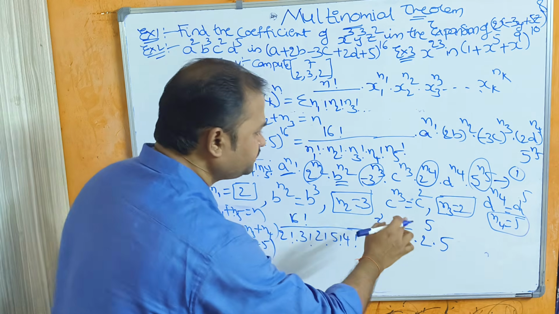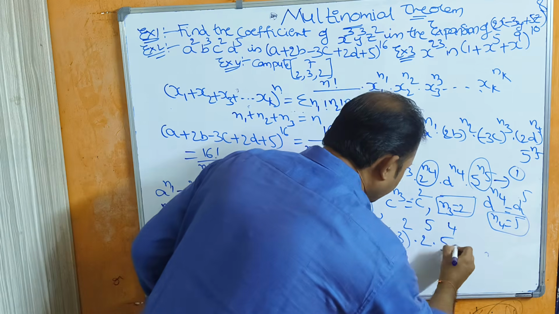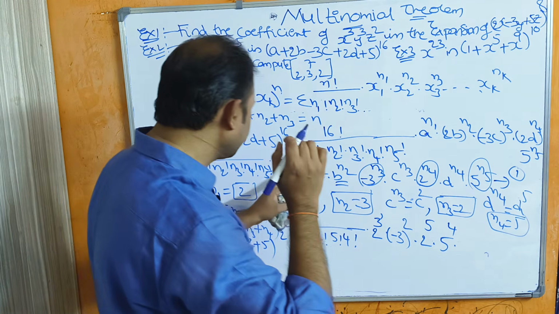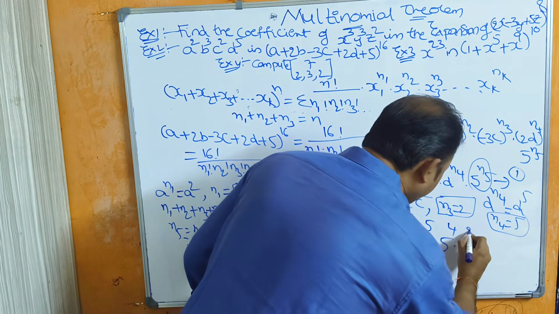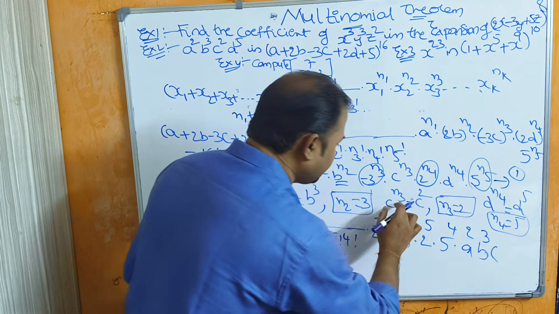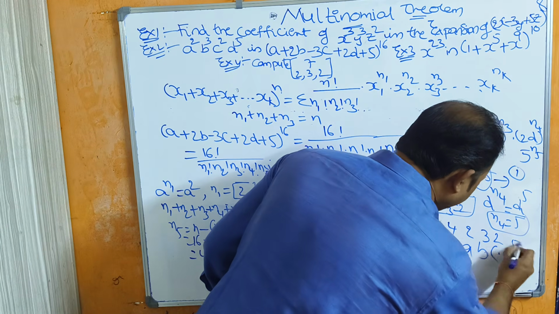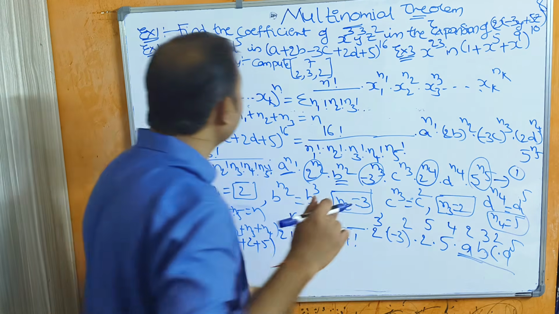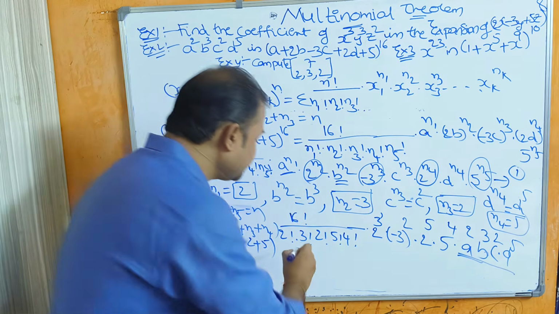What is n5? n5 value is computed, n5 is 4, into a power n1. a power, what is n1? 2. a square into b power n2, which is 3, into c power n3, the n3 value is 2, into d power n4, the value is 5. Here we have to find out the coefficient of a square, b cube, c square and d5. So this is the result.